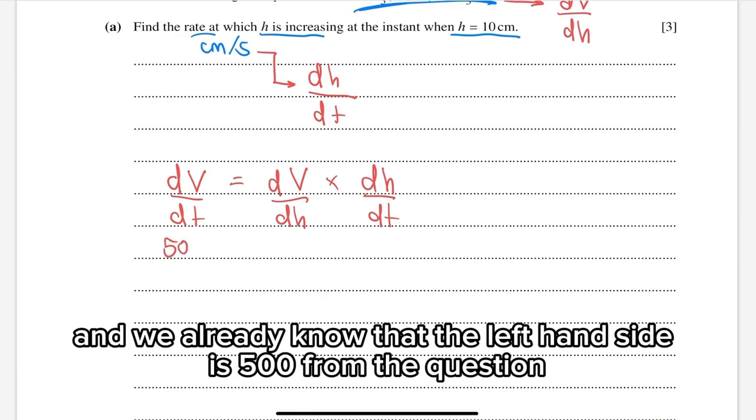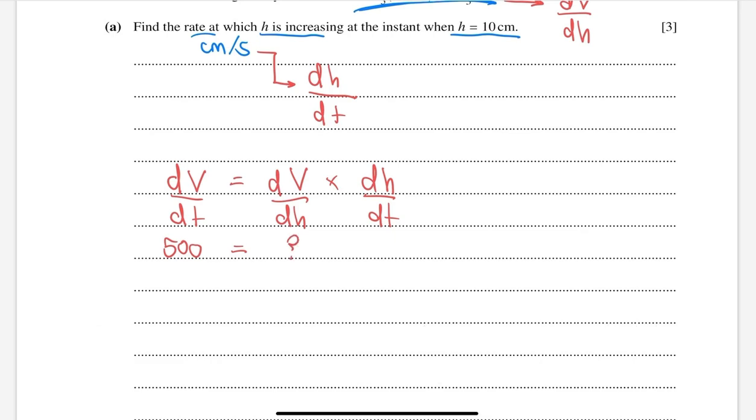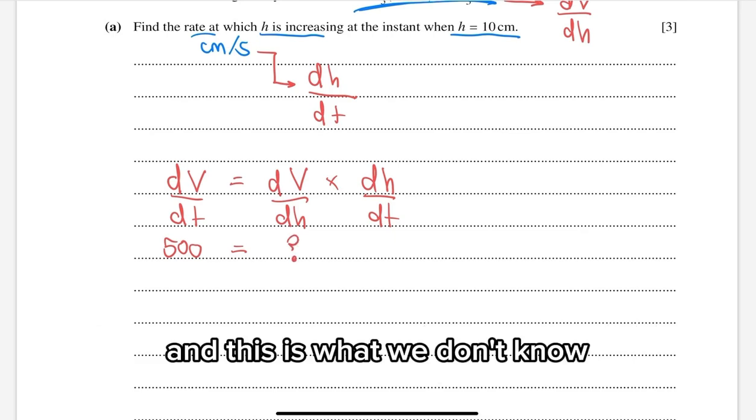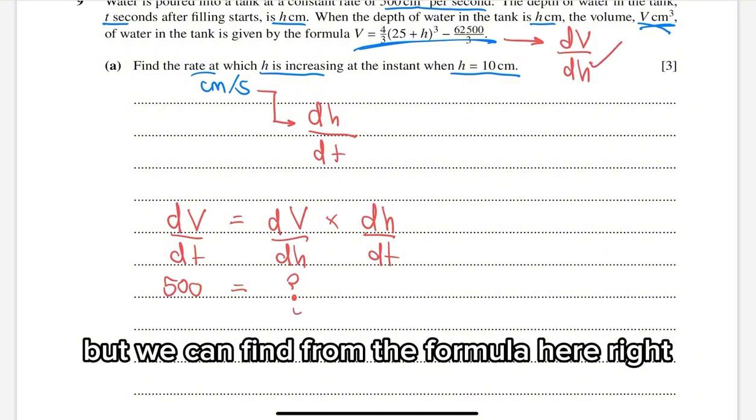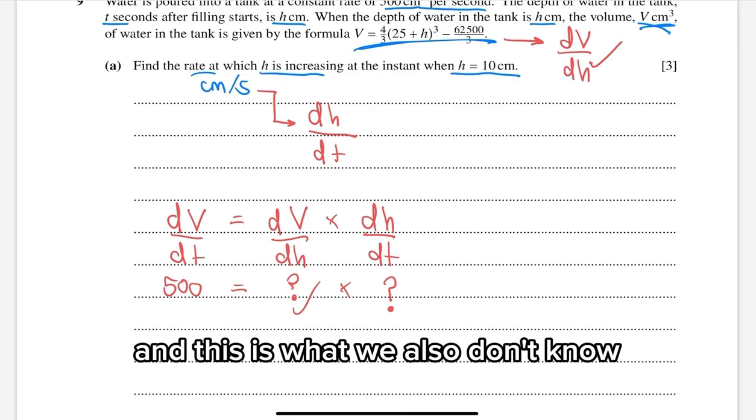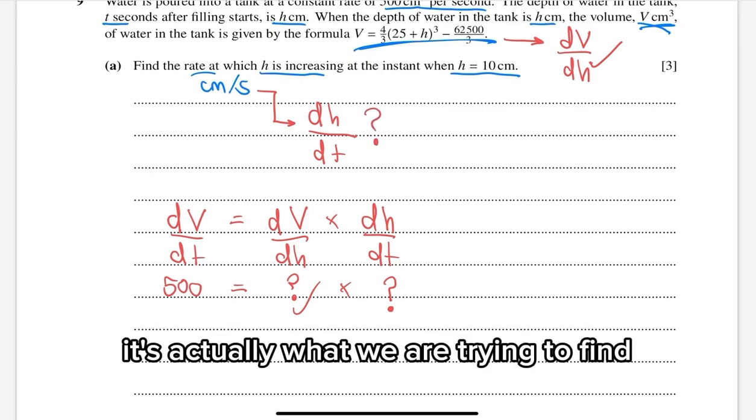We already know that the left hand side is 500 from the question, and dV/dh we can find from the formula here. And this is what we don't know, what we're trying to find.